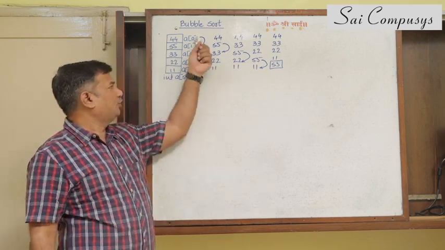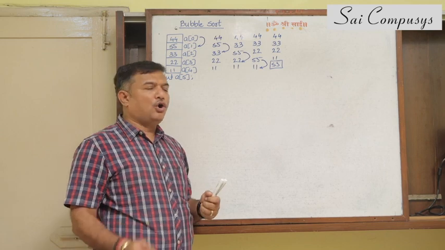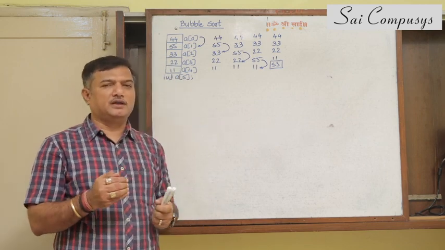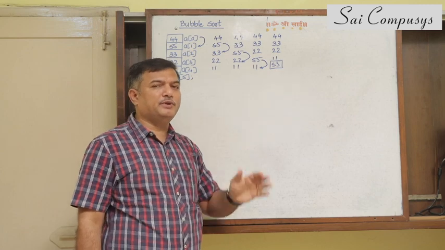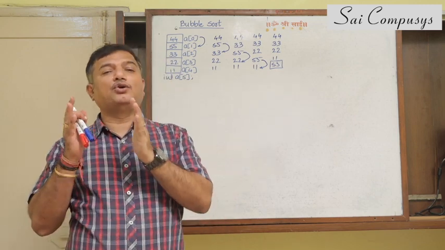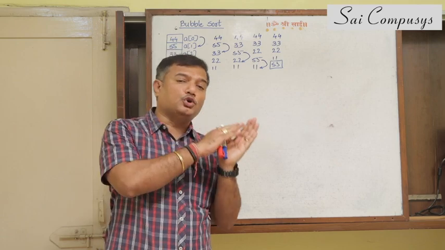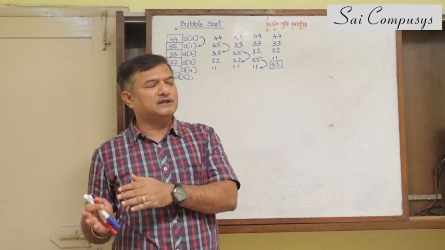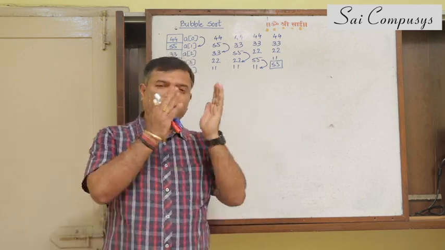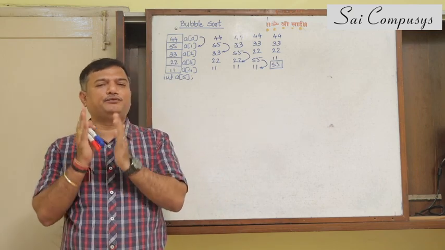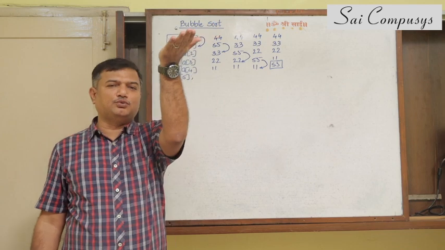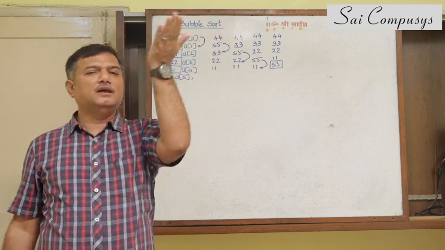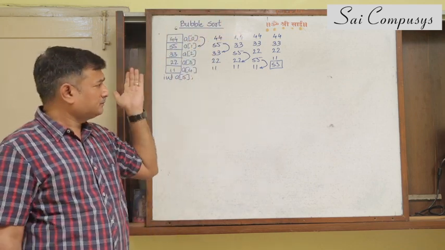When I did that from top to bottom, what happened is that on the last position of the array, I got the appropriate element. You must be remembering, in selection sort, I got the appropriate element at the top first and finally at the last. Here it's going to be different. The element that I'll be getting first will be at the bottom of the array, and then gradually rising upwards we will be getting the smallest element.